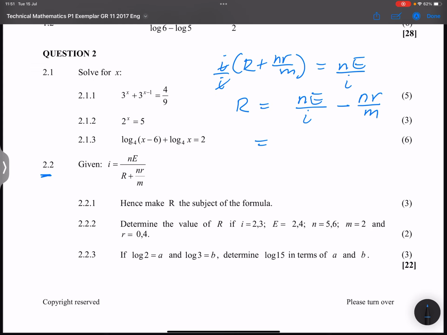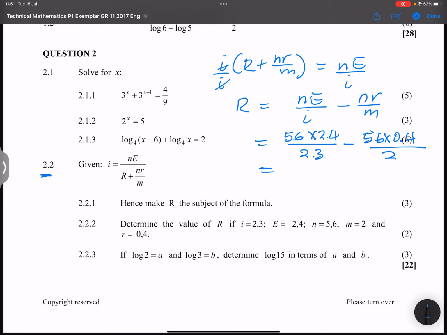So we're looking for the value of R. They said N is 5.6. So that would be 5.6 multiplied by E, which is 2.4, divided by I, which is 2.3. That's minus N, which is 5.6, times R, 0.4, divided by M. M is 2.